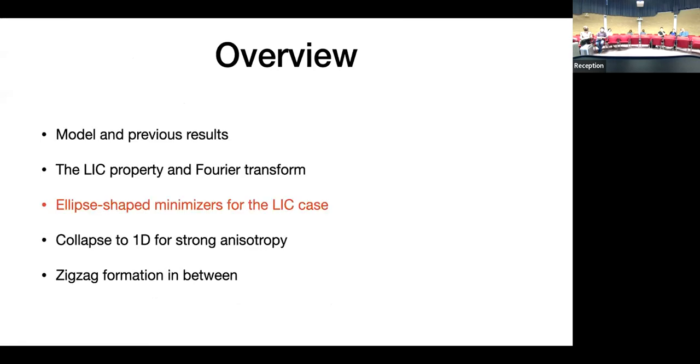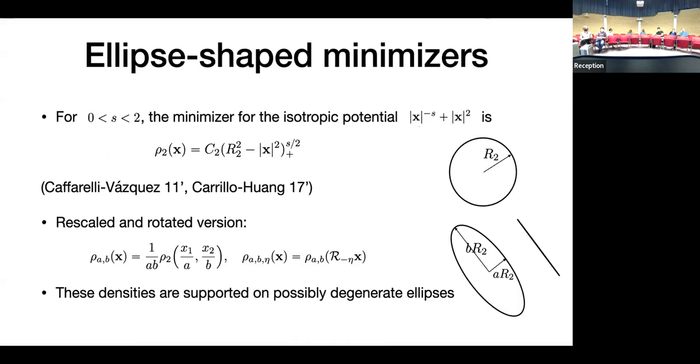Okay, so we first deal with the LIC case, and we will show that the minimizer, we know it's unique, always has the shape of some ellipse. So we first formulate the candidates of the minimizers. Of course, the original isotropic minimizer is one candidate, at least for alpha equals 0.